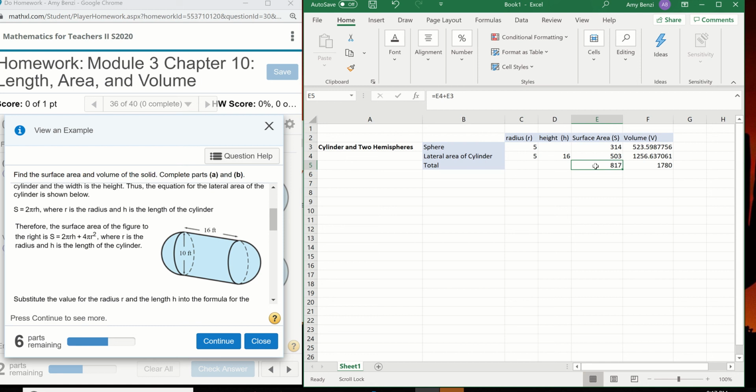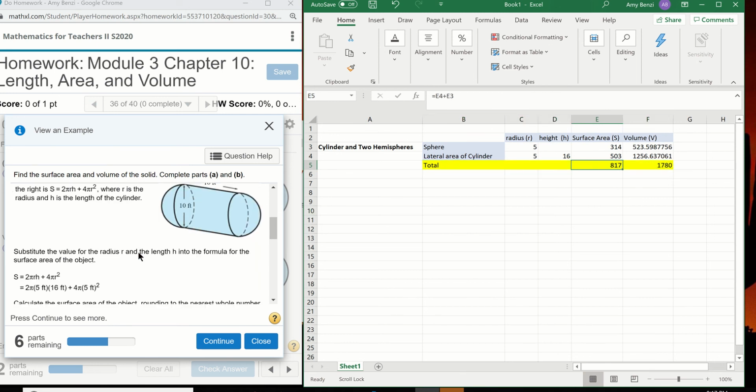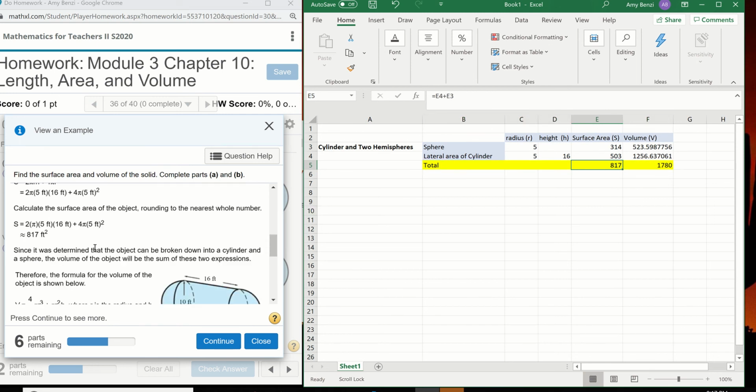For these totals, I'm going to turn this yellow so you guys can see it easily. I got 817 square feet. If you look at the example, it does in fact have the same answer, so I know that it's correct. So now I can close out my example.